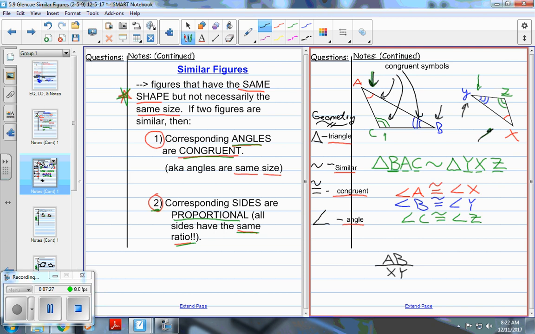So if we divided AB by XY, that's going to be exactly the same as if we divided side AC on the big shape here, so went from this angle to this one, divided by X to Y. Or sorry, X to Z.